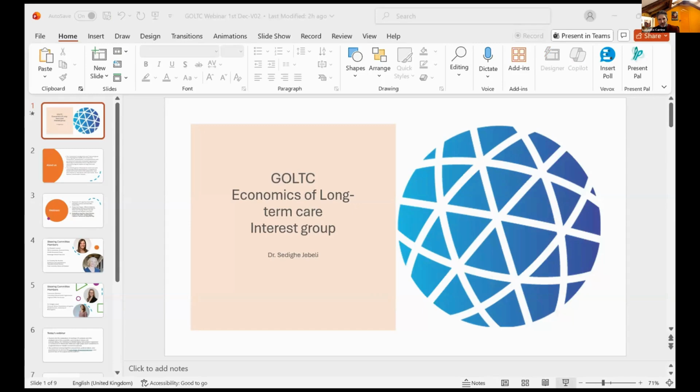Thank you, perfect. So the Economics of Long-Term Care Interest Group was formed in 2024 within the GOLTC.